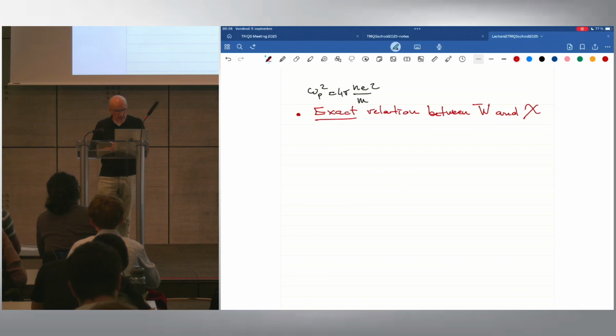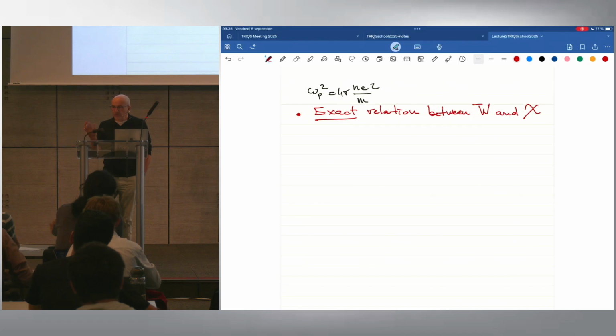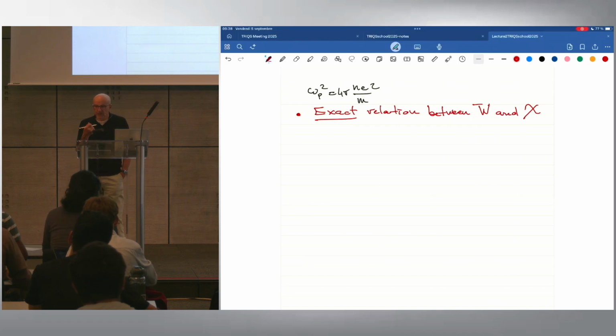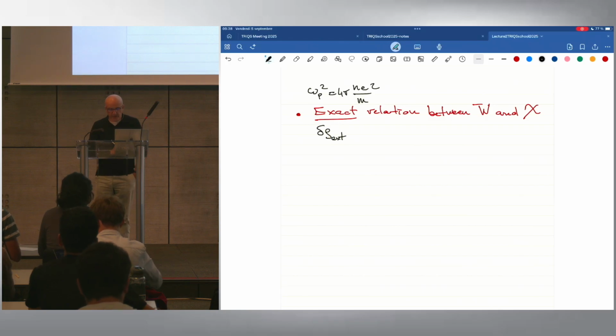Now let me consider a case in which everything can be a function of R prime. And let me redo what I did before, but without assuming that the density correlation function is the bare one. So again, I'm going to impose a small perturbation of the external charge density, delta rho external.